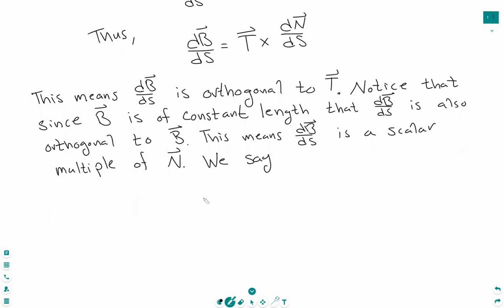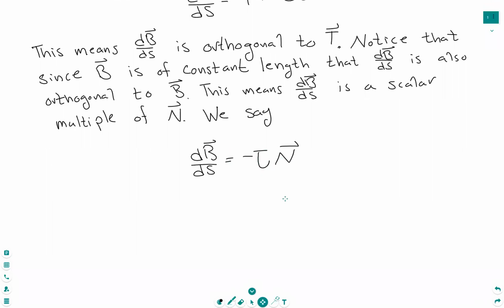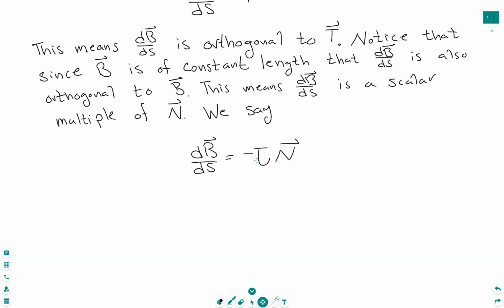So then we say that dB/ds is equal to negative tau N, where tau is just this scalar multiple that we put in front. The negative is just a choice. It's just something that physicists threw in there.